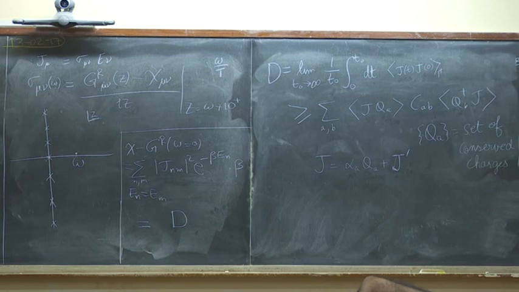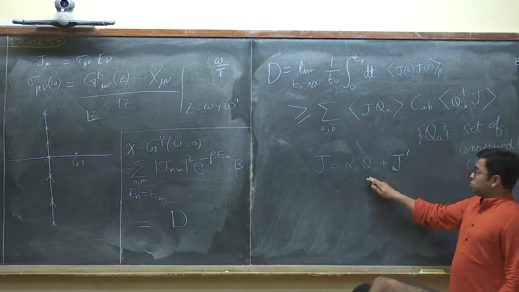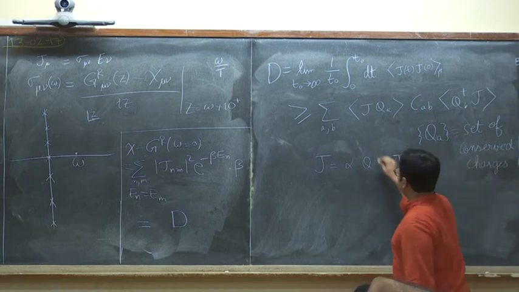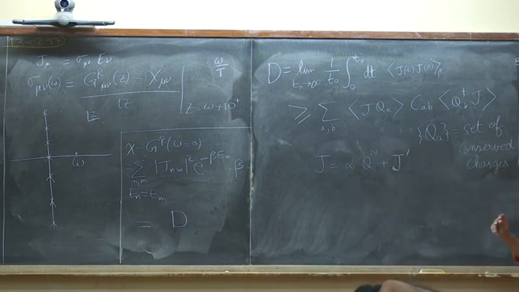See, there's one set in which you could include J, but I can just pick a different set that starts with the spin 3 and so on. The presence of one such charge is enough. I didn't even have to pick a complete set. Let me just pick the spin 3 current here: alpha times Q3, plus whatever. That's enough for me to conclude that this quantity is not zero.